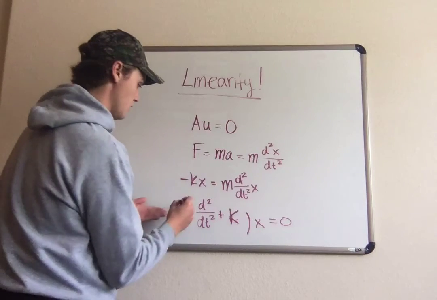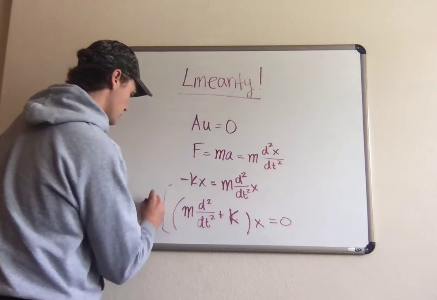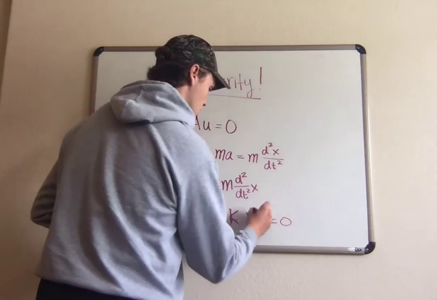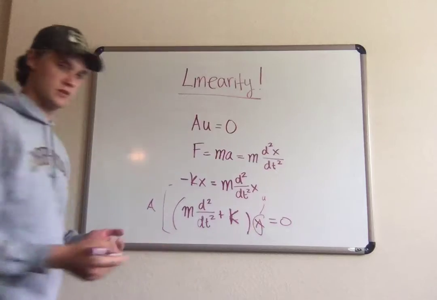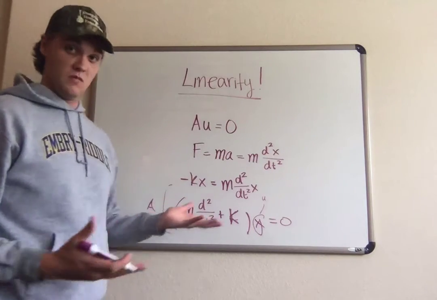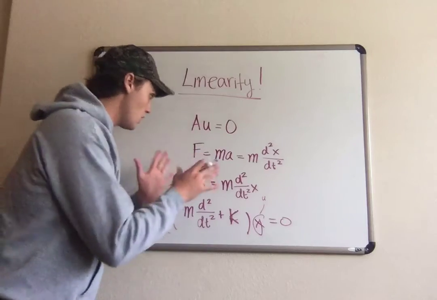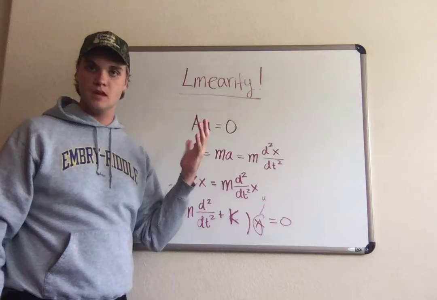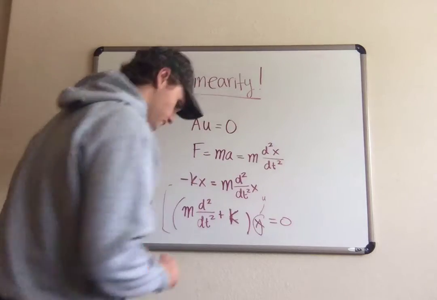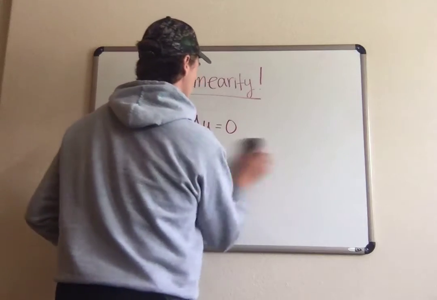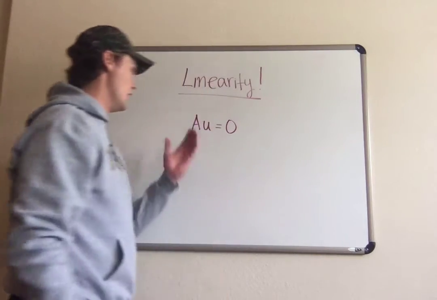What is this here? This whole thing is just my operator A, right? And then this is my unknown u, and that's equaling 0 here. So that's an example of a physical theory, the theory of simple harmonic motion, that could be described as an operator acting on an unknown equaling 0 in the homogeneous case. Just kind of a proof that this is true.